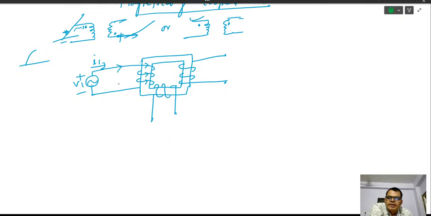Okay, so you can see that the path of the flux is this, right? Now tell me which terminal will have a positive potential when this potential is positive and increasing, which terminal will be positive and which terminal will be negative.